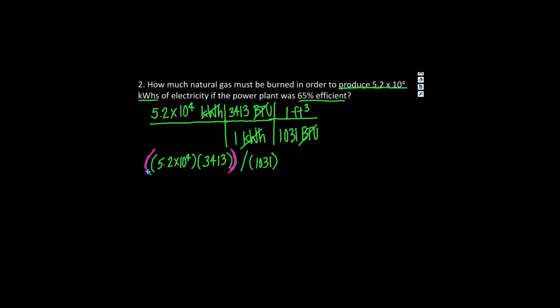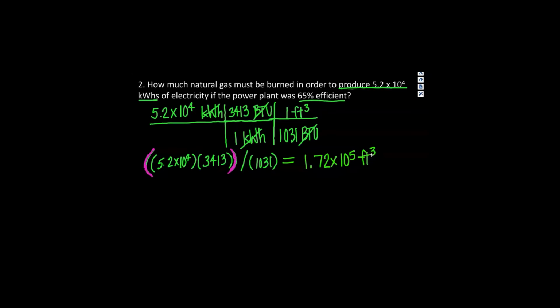Otherwise the calculator will not realize that you want to multiply these two things and then divide. Once I do that, I get 1.72 times 10 to the 5 cubic feet.